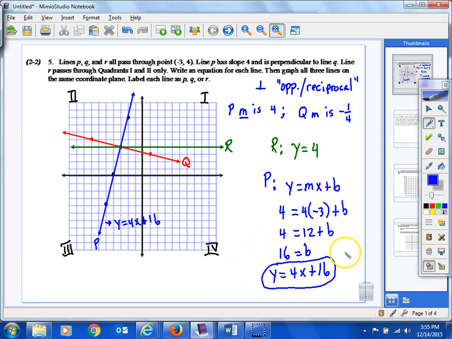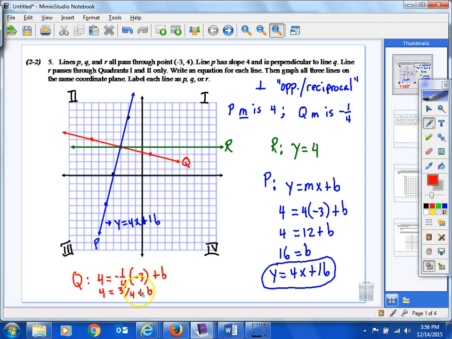And now we're going to do very much the same thing for line Q. We're going to use the same x and y, but instead of m being 4, m is going to be -1/4. So 4 equals -1/4 times -3 plus b. 4 equals 3/4 plus b.